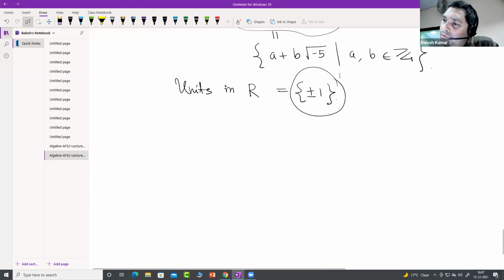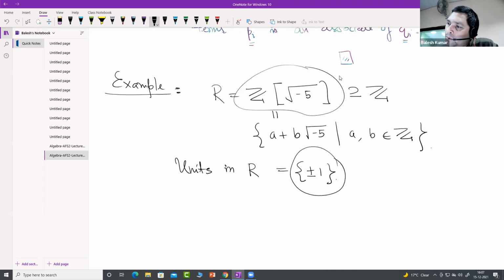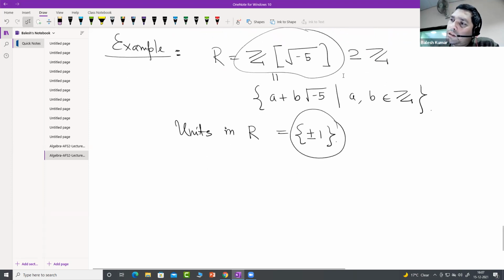Now, as you can see, the set of integers is contained inside this bigger ring, so every integer is an element of the ring R. So 6 is an element of our ring R. And 6, of course, has the nice factorization inside Z, which is 2 times 3.